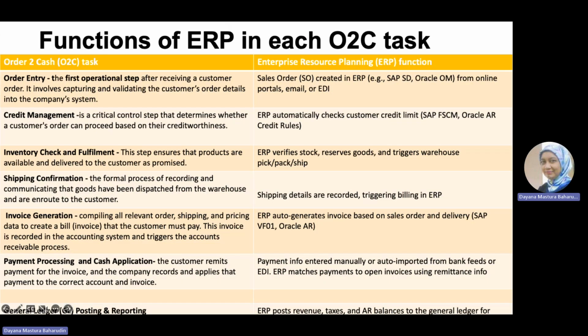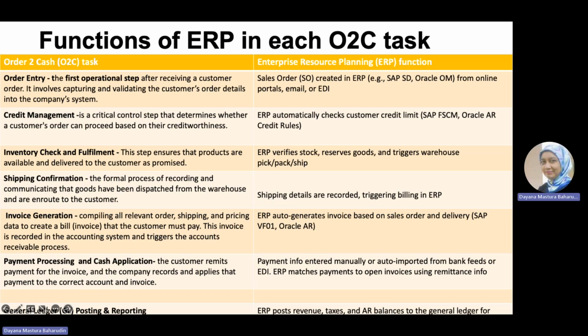Okay, let's have a look at the function of ERP in each O2C task. I know some books or some literature would use OTC, but we would try to use O2C because OTC would sound like over the counter. I think that's a bit confusing, misleading, I would say. So we would use O2C with the number two, order to cash.